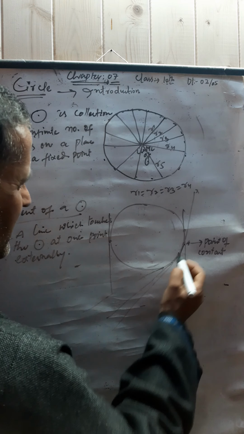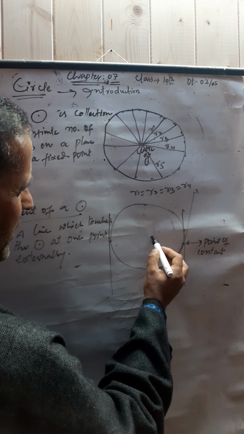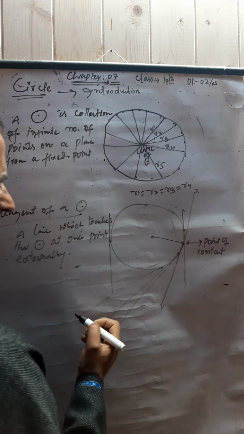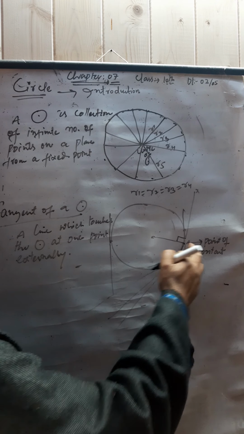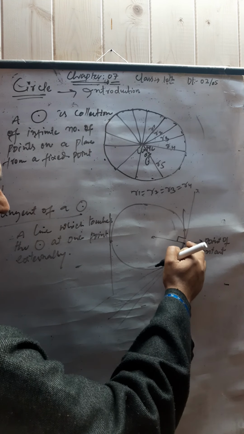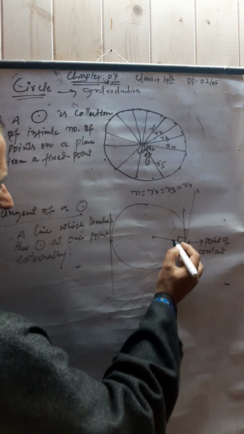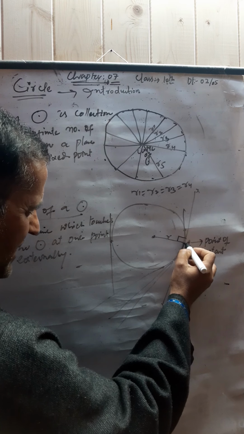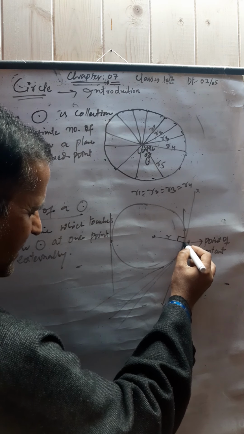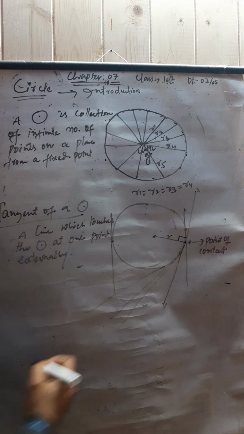So third thing is, the point of contact and the tangent are always at 90 degrees. So the tangent and the radius to the circle are always at 90 degrees at the point of contact. If XY is the tangent, they are always 90 degrees, but where? At the point of contact.